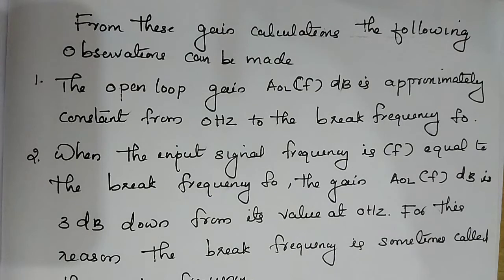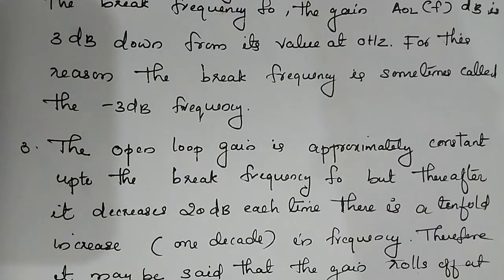So we can say that the open loop gain is a constant in the range 0 Hz to 5 Hz. Then the next point is, when the input signal frequency is equal to the break frequency f0, the gain AOL in dB is 3 dB down from its value at 0 Hz.